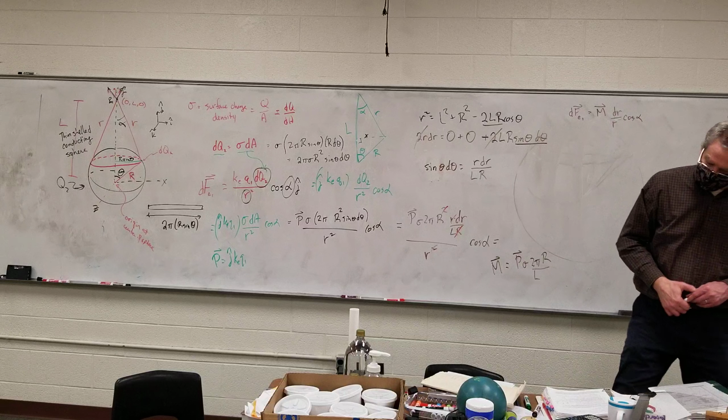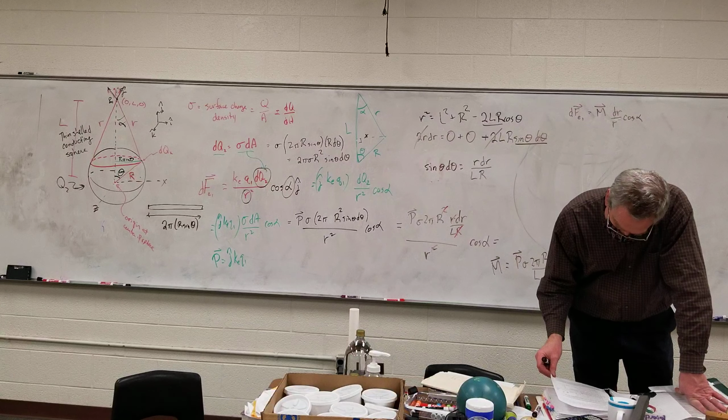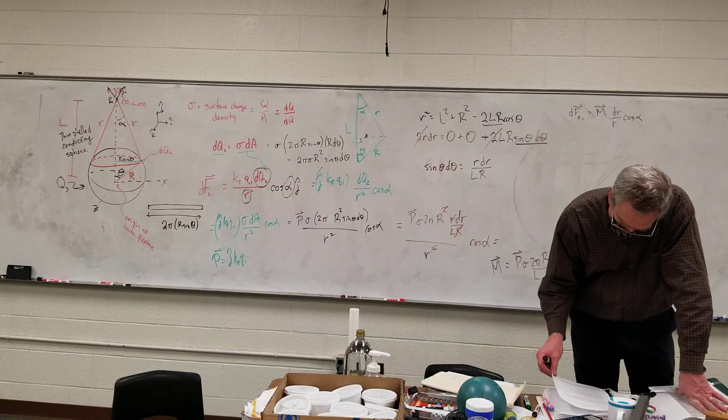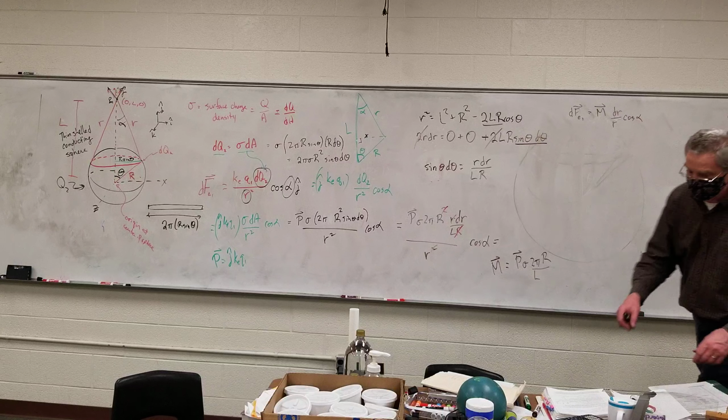And then do a quick check to make sure I didn't make a careless error. Doesn't look like it. I did not do the intermediate step of writing that down.